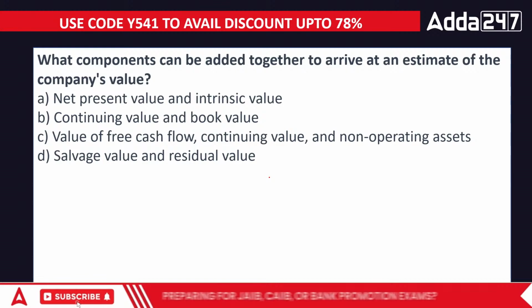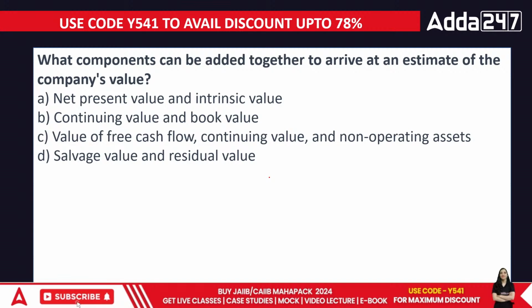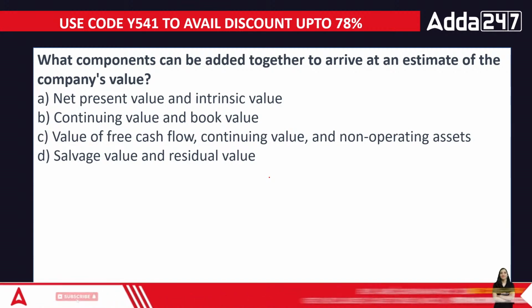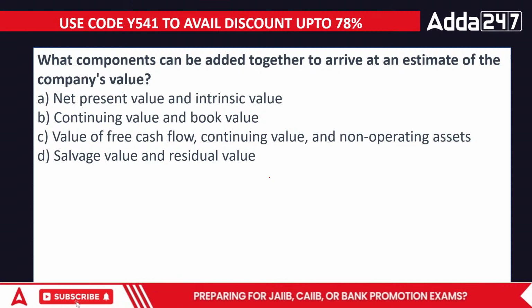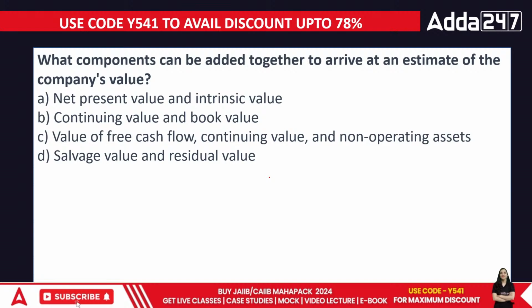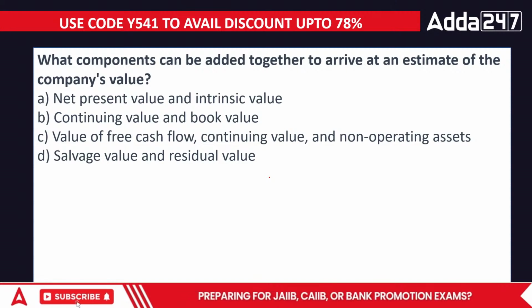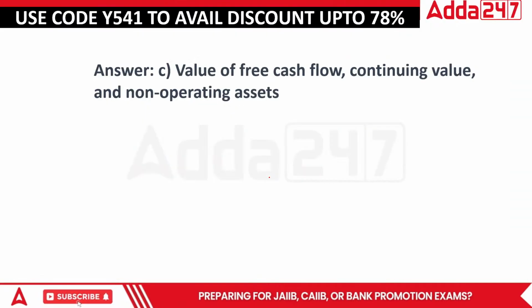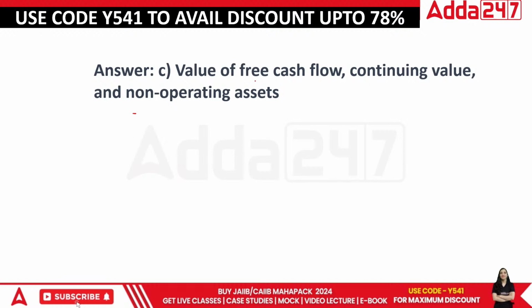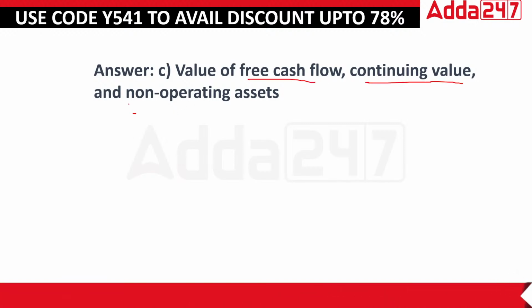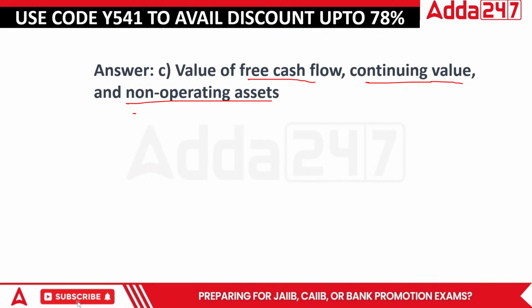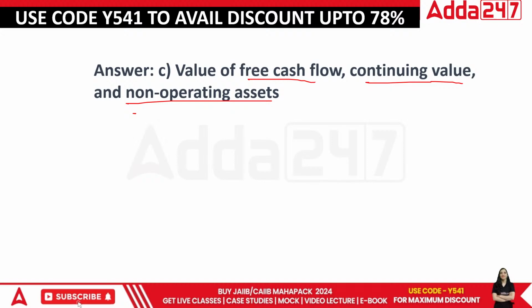NPV or intrinsic value is a part of the book value and today's current value of the business that we have to see in the future. The answer should be C. We'll be finding the value of free cash flow, the continuing value as well as non-operating assets. Okay? We'll consider all these things together.